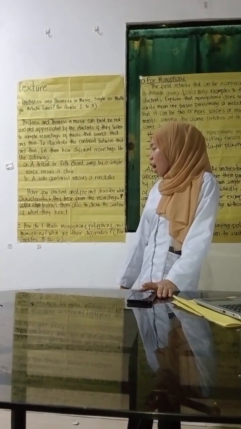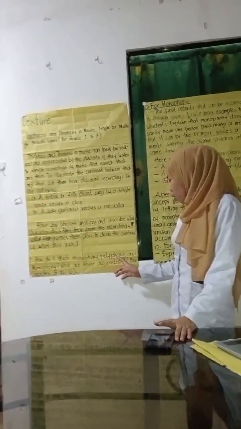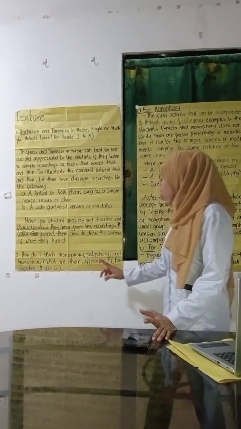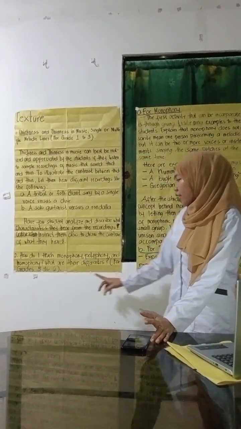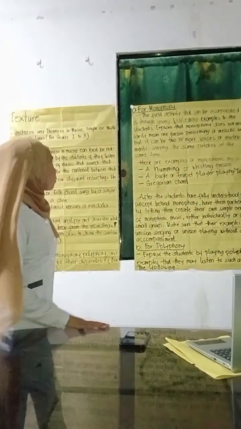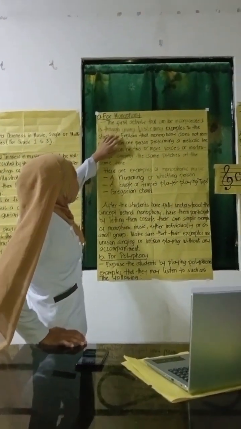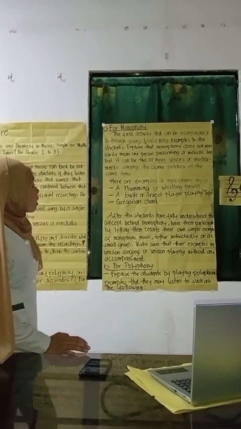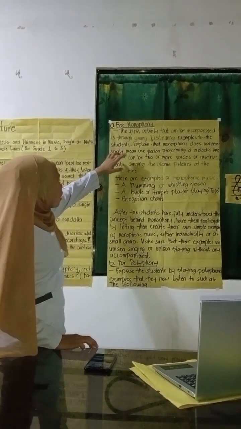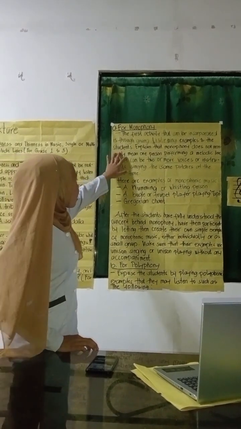Next is, how do I teach monophony, polyphony, and homophony? What are their differences for grades 5 to grade 6? A is for monophony. The first activity that can be incorporated is giving listening examples to the students.